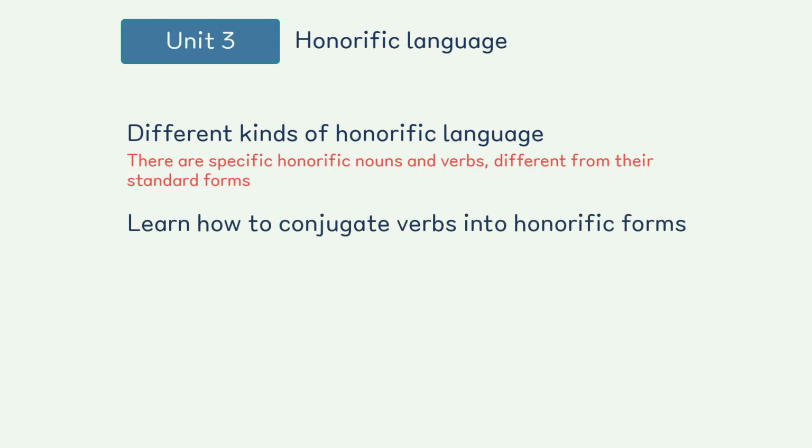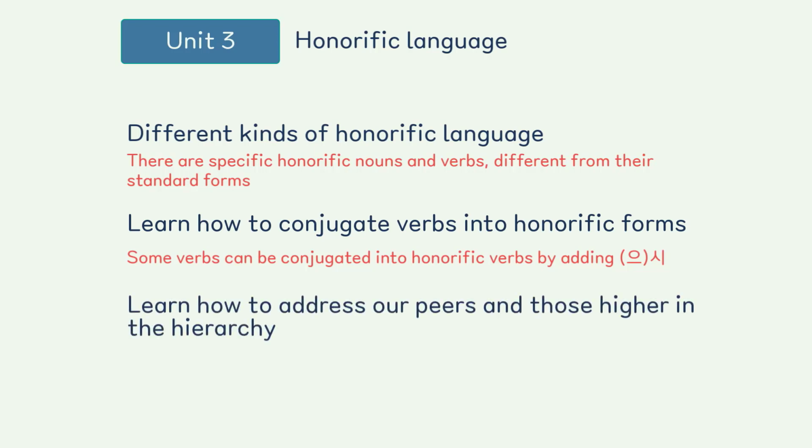After that, we will learn how to conjugate verbs into honorific forms. Not all verbs have separate honorific forms. Some can be conjugated into honorific forms by adding -시, and we'll take a look through different patterns of verb conjugation in detail. Finally, in this unit, we will learn how to address our peers and how to address those higher than us in the hierarchy.